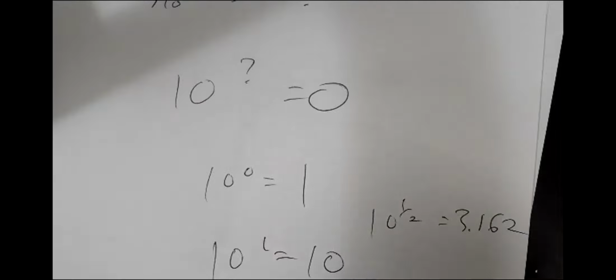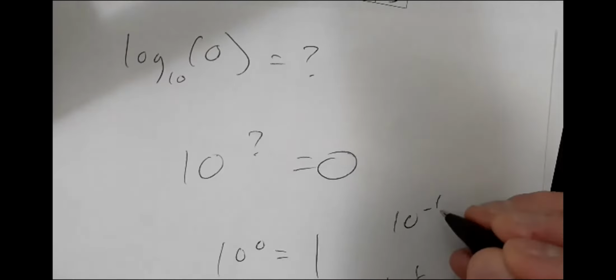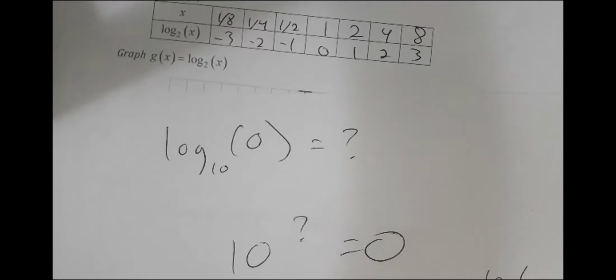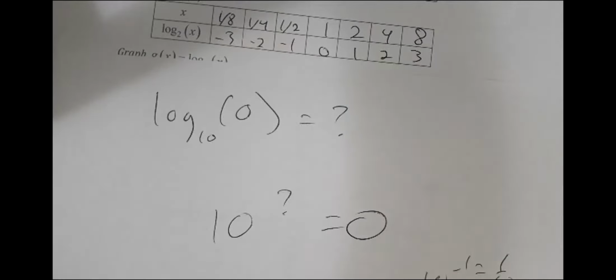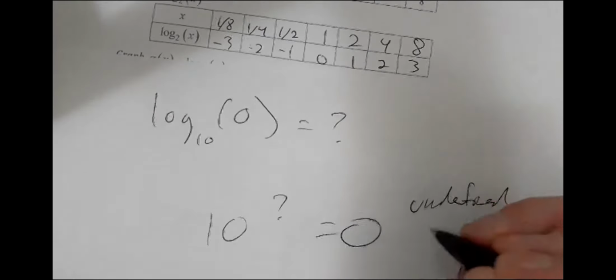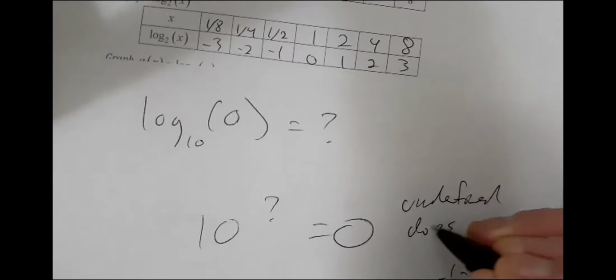If you want to do negative powers, that's going to start giving you fractions. So if you can figure out a power to raise 10 to where it's going to give you 0, you're doing better than a lot of us, because I don't think this is going to happen. This is going to be undefined. It does not exist. So one of those words, not defined in the current system, it does not exist.